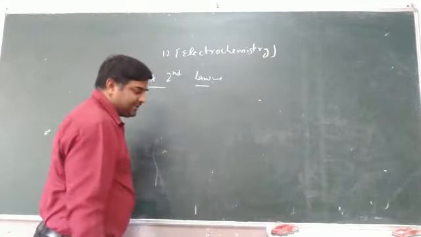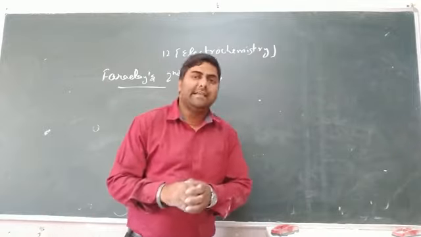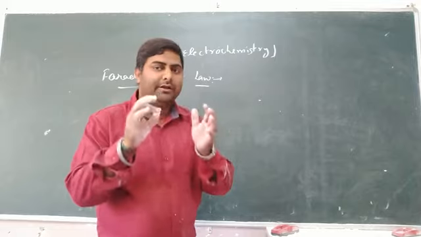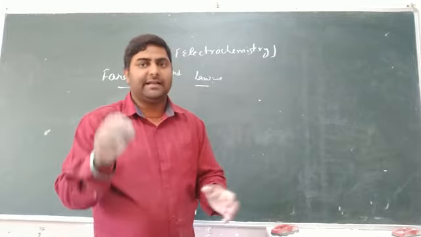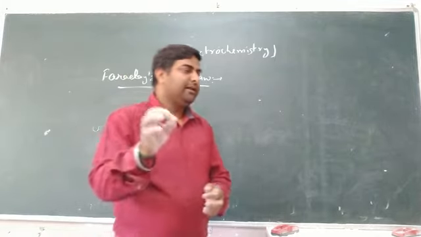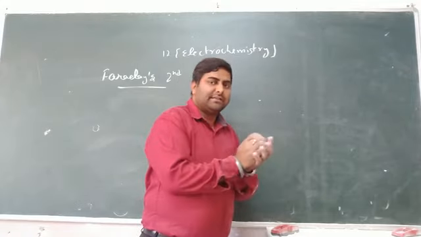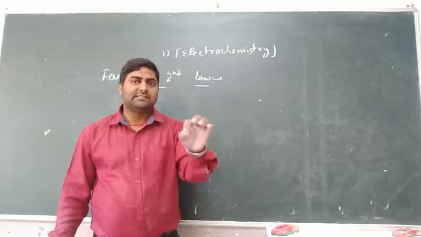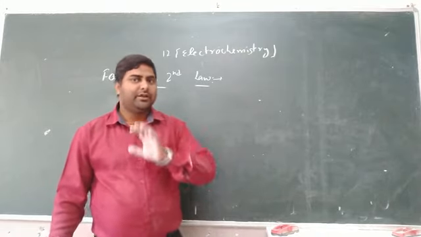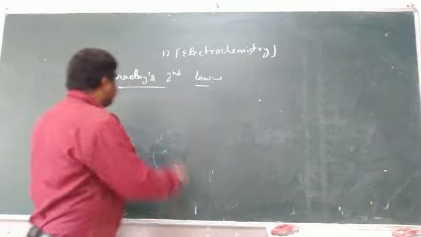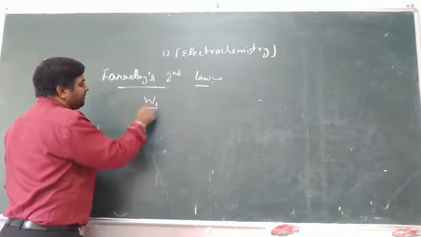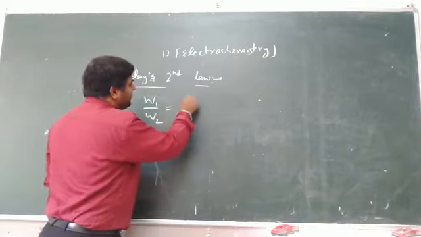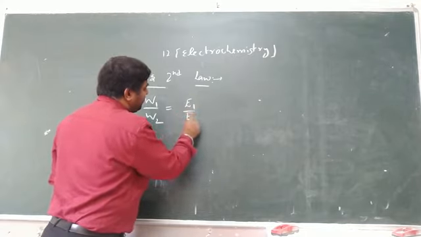It simply states when the same amount of electricity is passed through different electrolytes connected in series, then the amount of the substance liberated or deposited at their respective electrodes is directly proportional to their equivalent masses. It means W1 upon W2 should equal E1 upon E2.